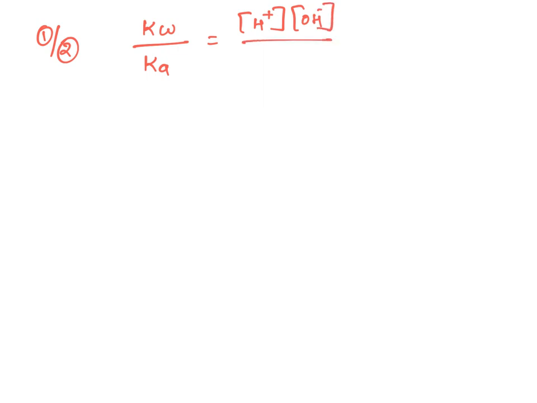Equation 1 divided by 2 gives Kw by Ka equal to the concentration of H plus times OH minus, divided by the concentration of acetate ion times H plus.